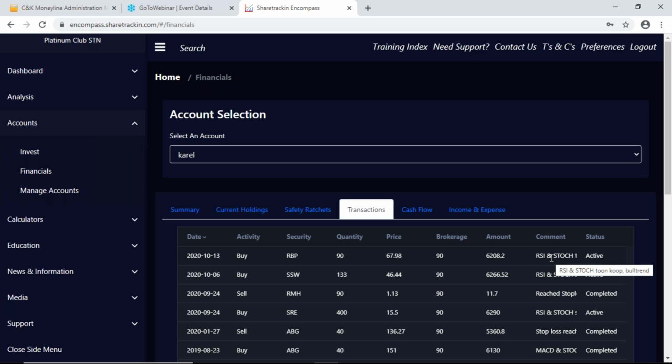If I stand on it, it will give you the full comment. RSI and stock to and koop bull trend. Okay, so this comment was Afrikaans. The previous one should be English. RSI and stock shows buy bull trend. Okay. When I sell a share, that was my comment. Stop loss reached.